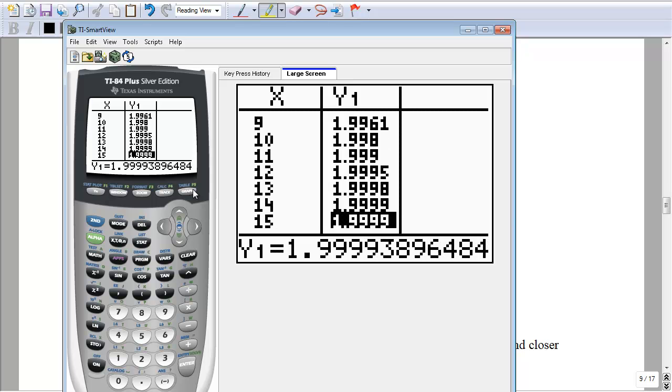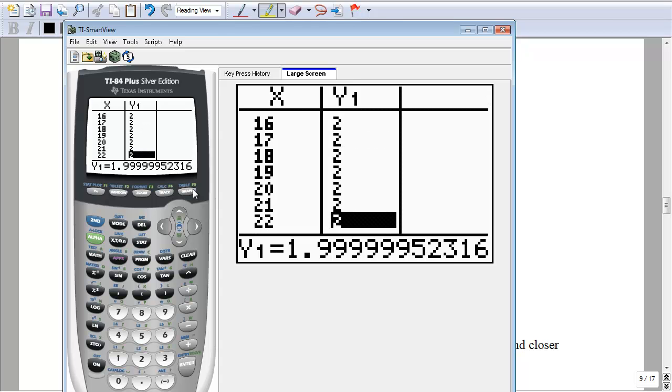1.9995, and so on until, hey, the values actually get so close to 2 that after some time, when n gets larger, the sum to n terms becomes a constant value of 2.